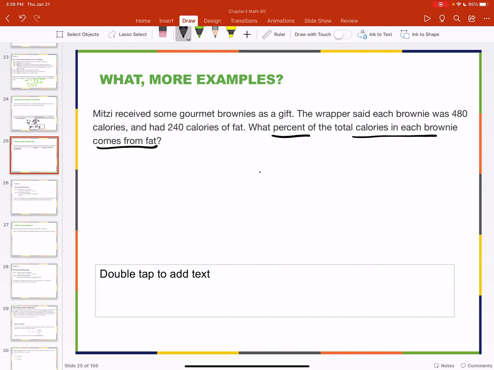So to get the percent of fat calories, it's the fat calories out of the total calories in the brownie. Sorry, this is really bothering me. We're going to have to divide: the calories from fat divided by total calories.